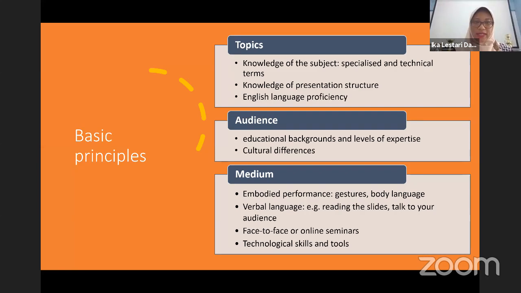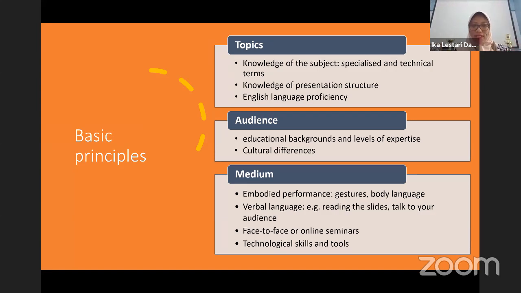In presenting in academic settings, our English language proficiency will also be taken into account. Sometimes we know the subject, but it's hard to explain it in English. We can explain it in Bahasa Indonesia, in our first language, let's say. But it's often hard to articulate that in English in a way that people can easily understand what we are trying to say to them.